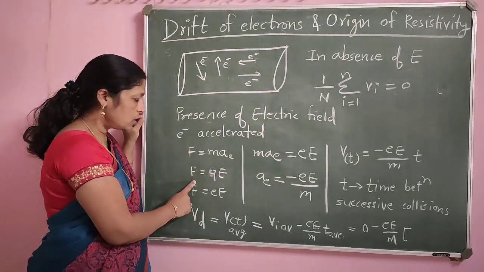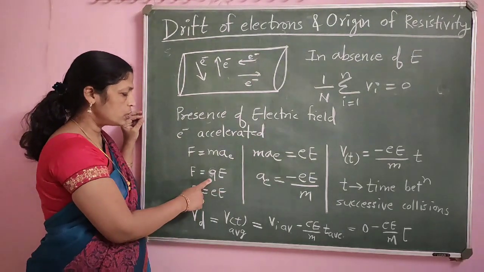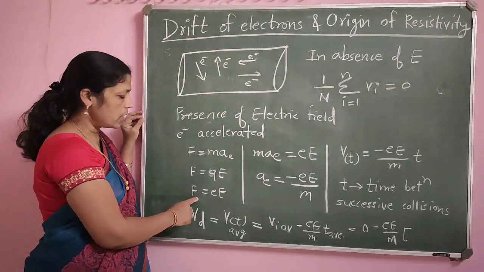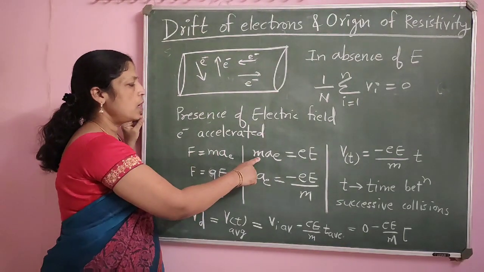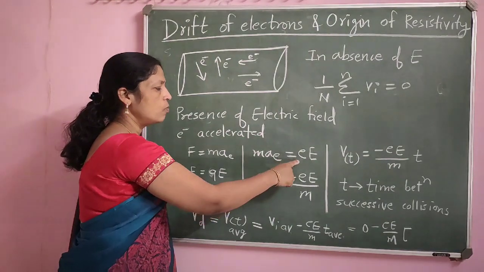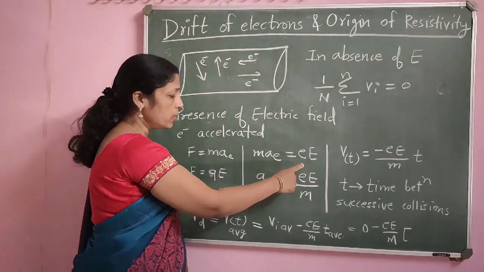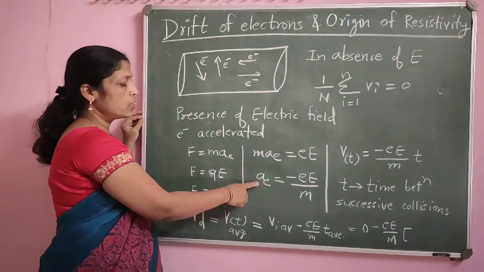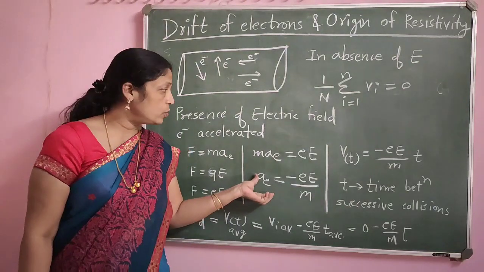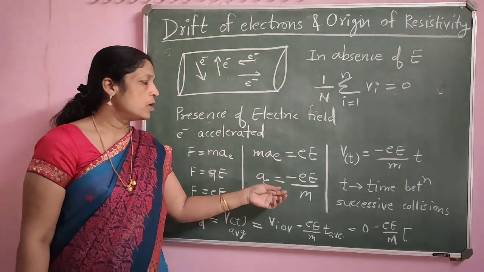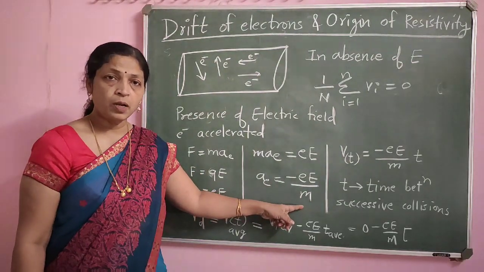As we have seen in the earlier chapter, F equal to QE, where Q is the charge of the electron, so I can write F equal to -eE. Combining these two equations, m(a)e equal to -eE. But the charge of the electron is negative. So the acceleration of the electron, which gets accelerated due to the external electric field, is minus eE upon m.